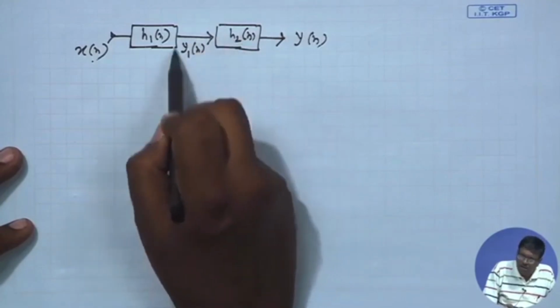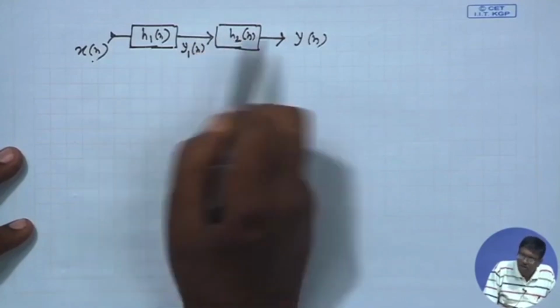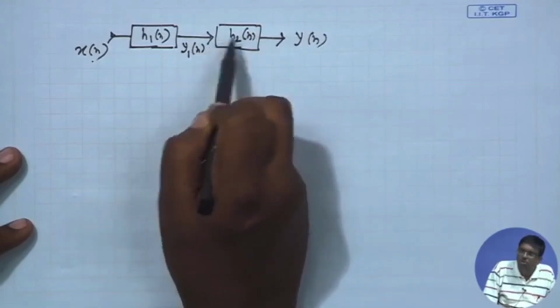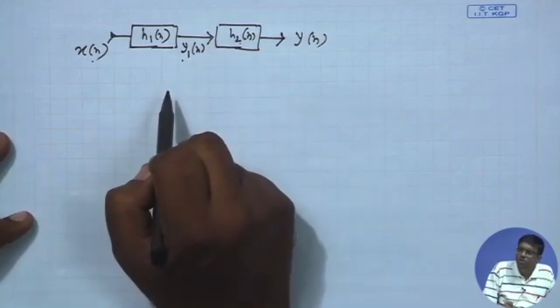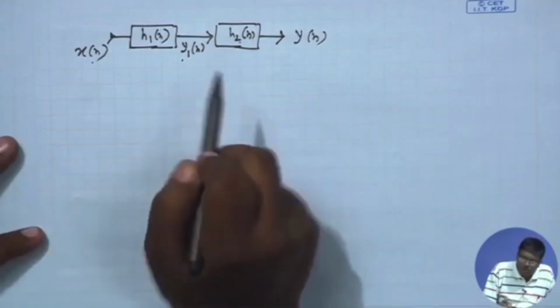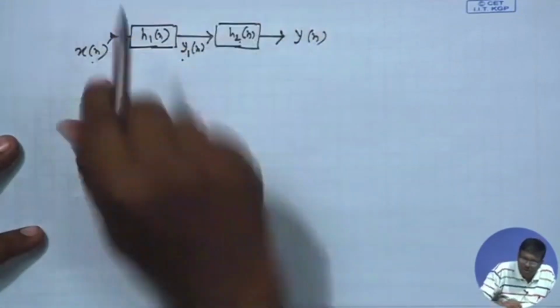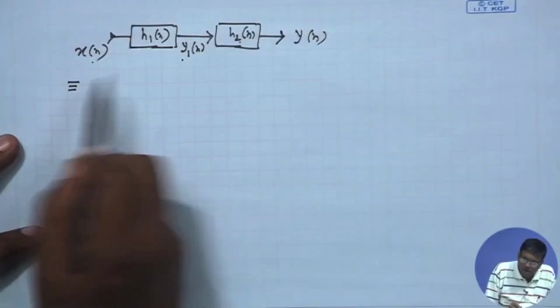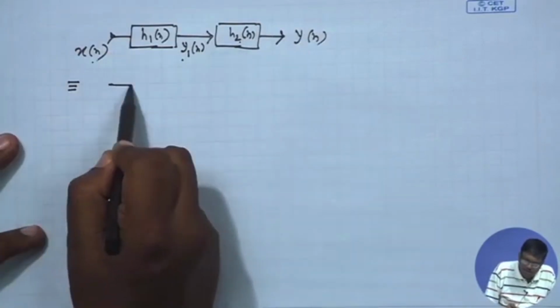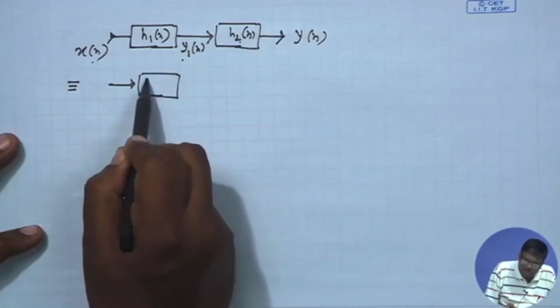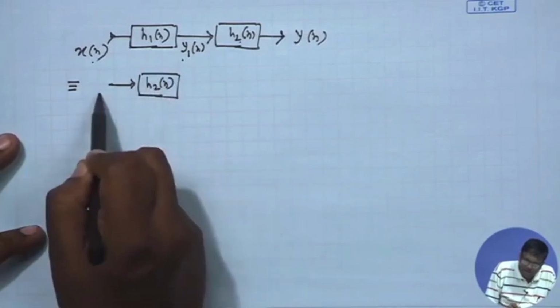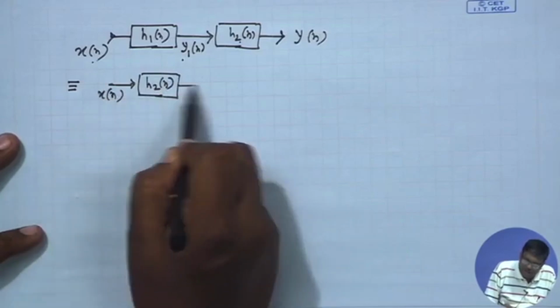In that case, for any other input, say y 1 n, the corresponding output will be a convolution between y 1 and h 2, and equivalently between h 2 and y 1. What I will show is that you can interchange the two and still get y n. That is, I can first bring h 2 n, with this input being x n.